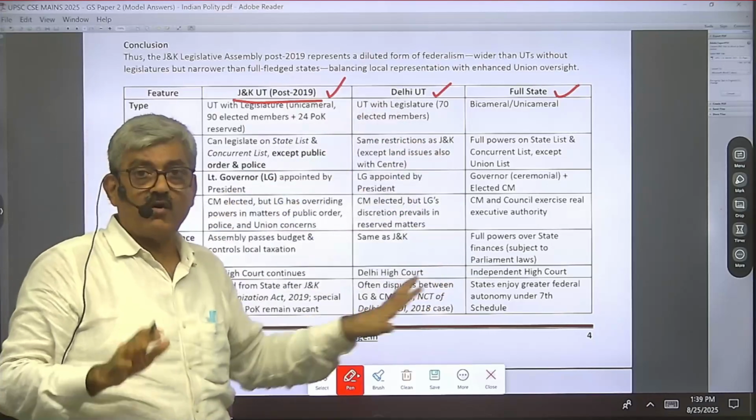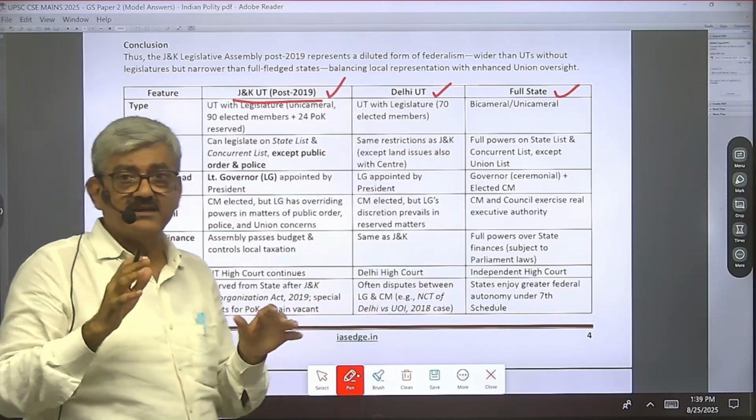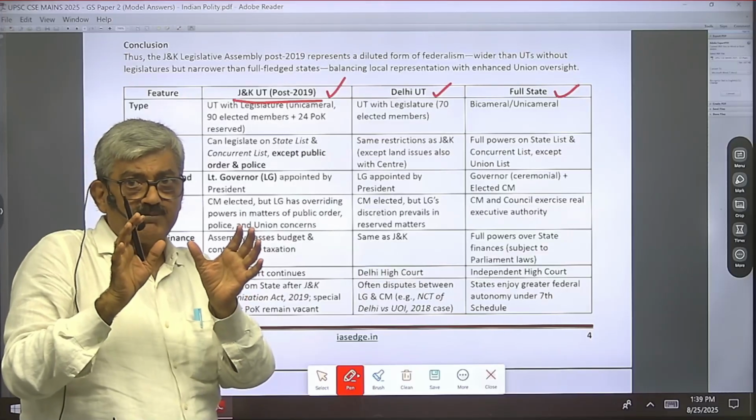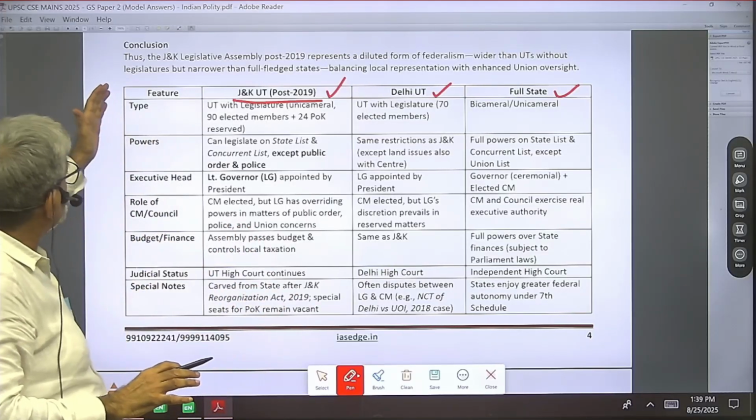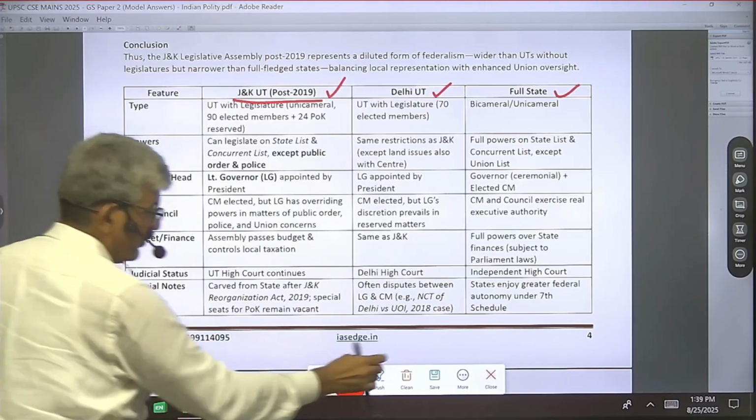So this gives a holistic view and positions the J&K union territory in a proper perspective. These are the kind of powers, and this is all illustrative. You are supposed to know it.